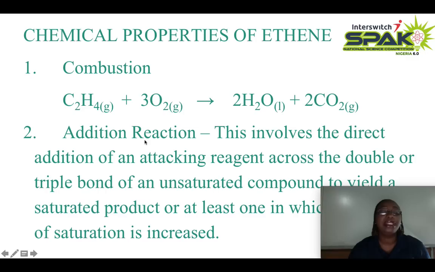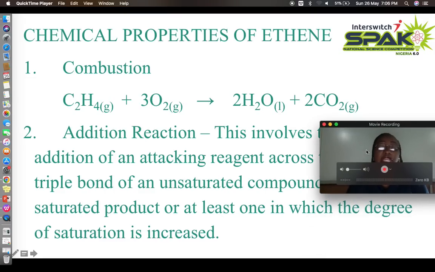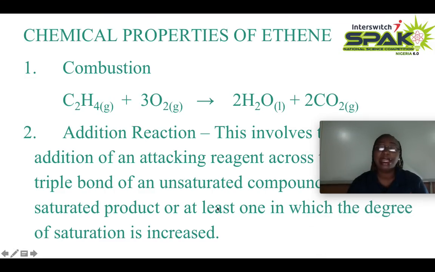This involves the direct addition of an attacking reagent across the double or triple bond of an unsaturated compound to yield a saturated product, or at least one in which the degree of saturation is increased. So by the time alkenes go into reaction, they lose one of their bonds and become saturated.